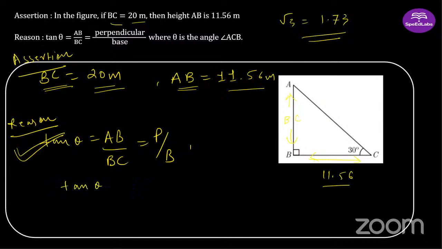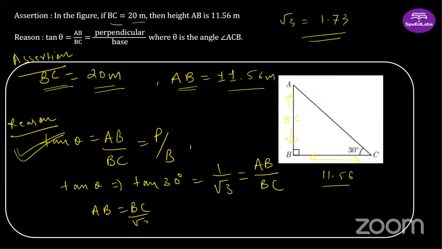If we just do this, we'll see it. Tan theta, that is tan 30 degree. What is the value of tan 30 degree? 1 by root 3. This 1 by root 3 would be equal to AB upon BC. Now the value of BC is given to us. So AB is equal to BC upon root 3, that is 20 upon root 3. Sir, AB is also given, right?